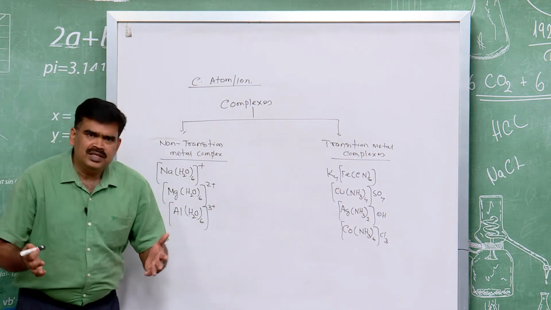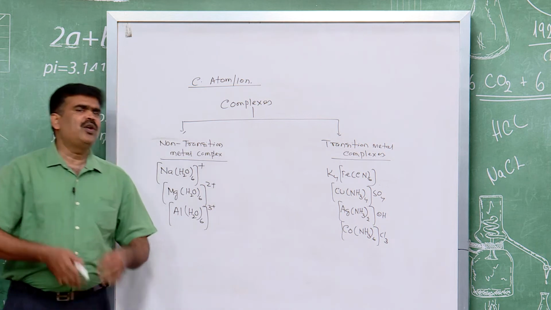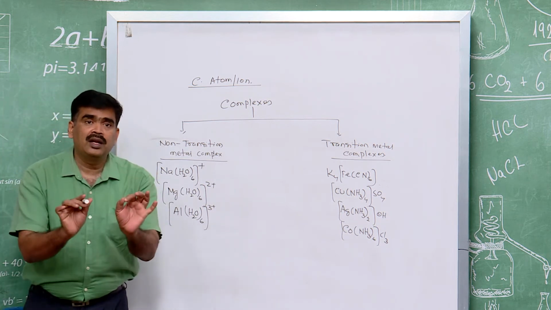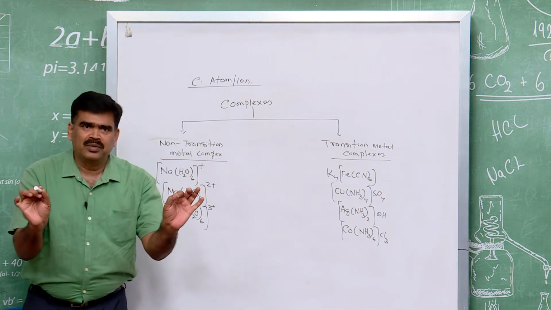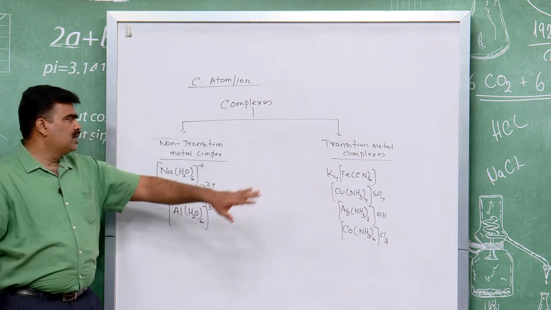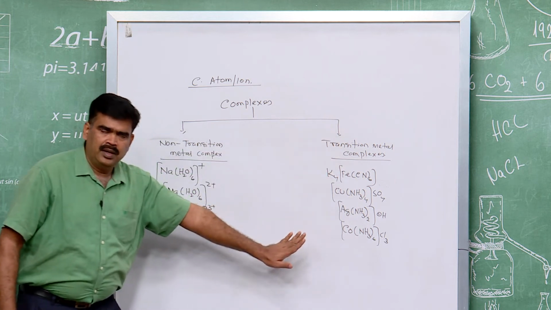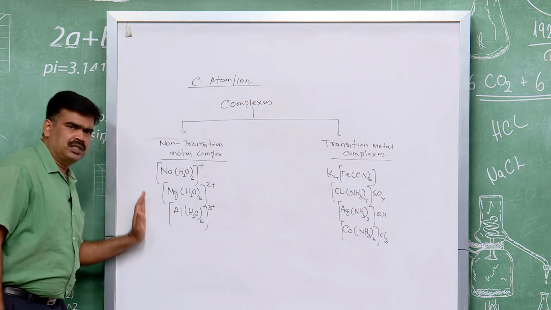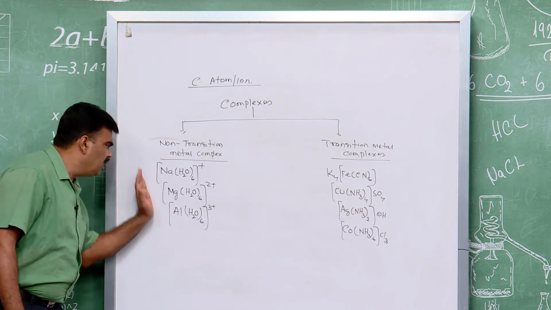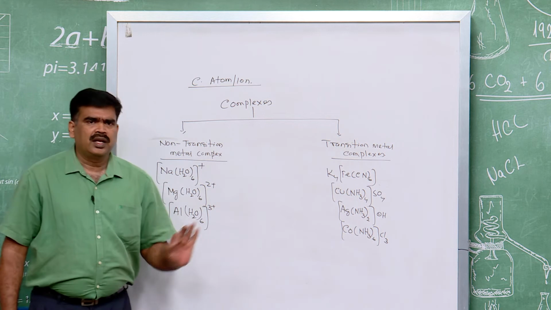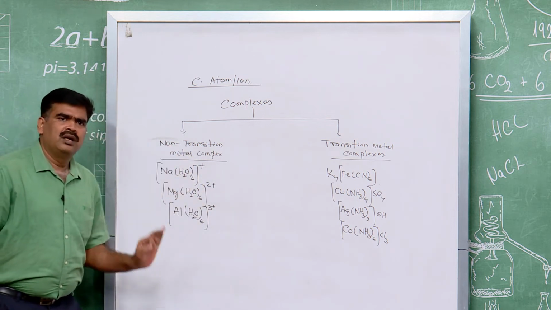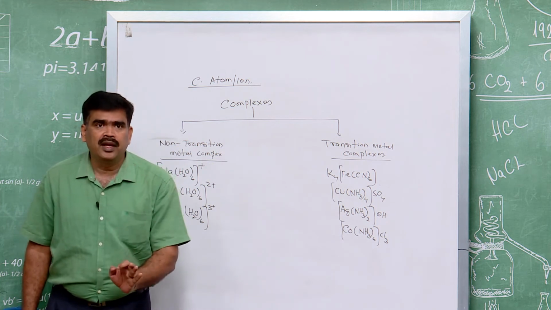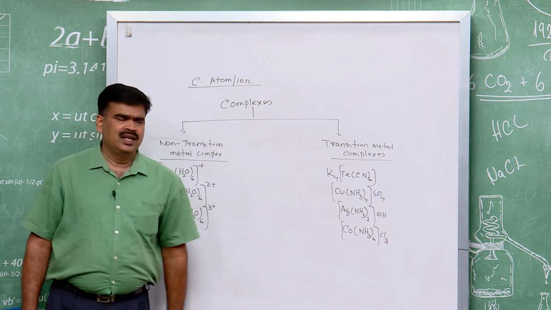So complex means whether it is transition metal or non-transition metal, but a metal is necessary, right. Without metal, a complex cannot be formed. Yes, this is true. Most complexes contain transition metals, and very few complexes contain non-transition metals like alkali metals or alkaline earth metals. Why do they play an important role in making complexes?